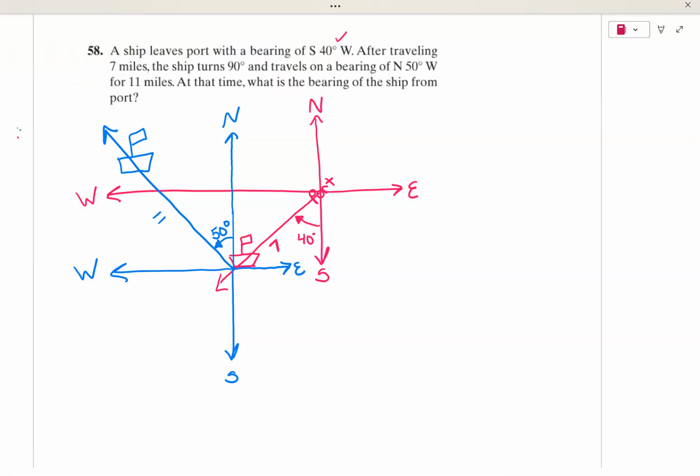Okay, so let's see here. There's the ship. Here's the port. So we'll just kind of draw it like that. So I want you to think about that right there. That is north blank to the west. So we have to figure out this angle right here.